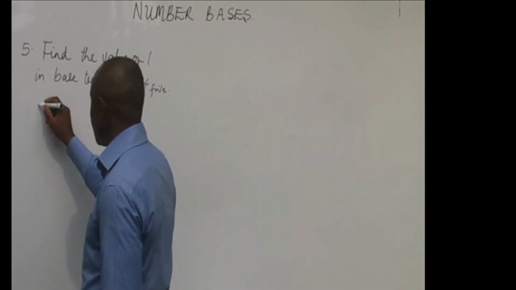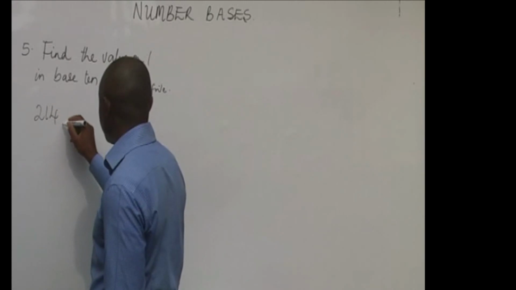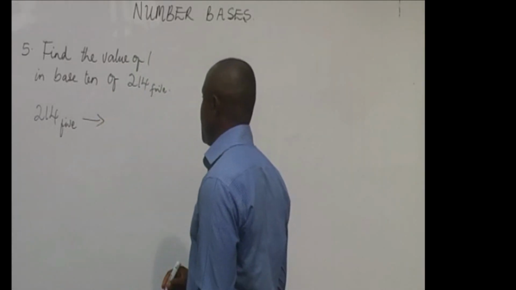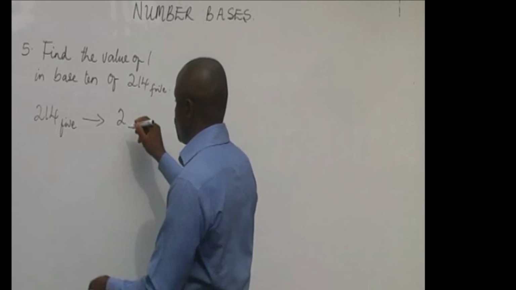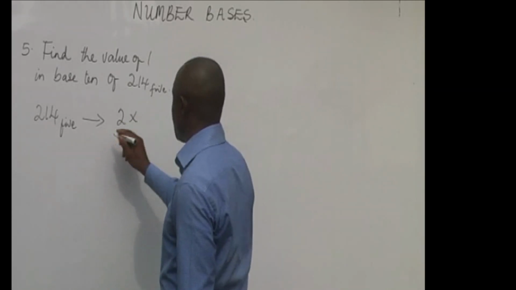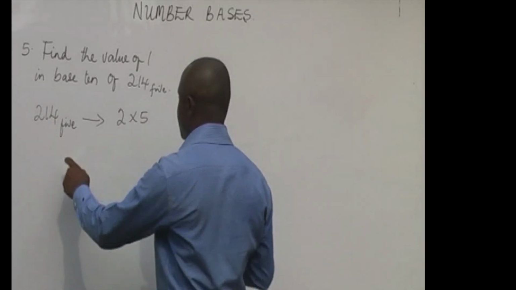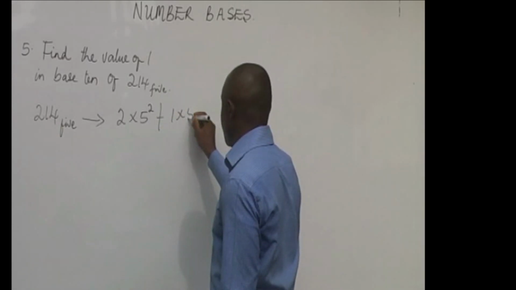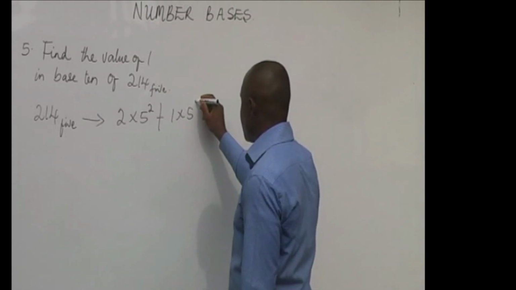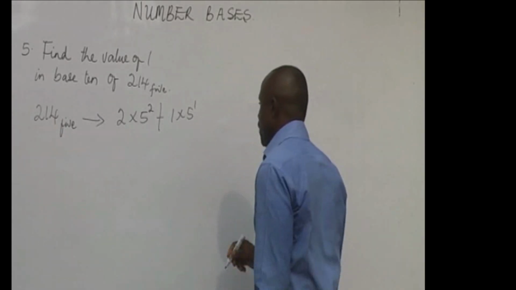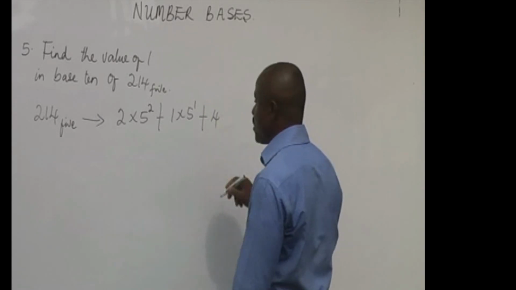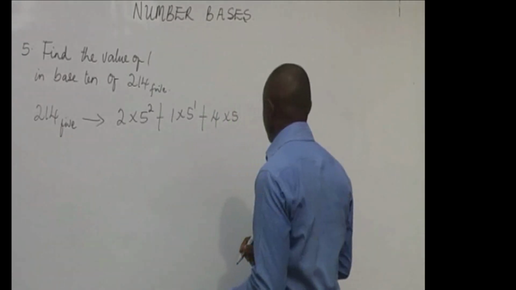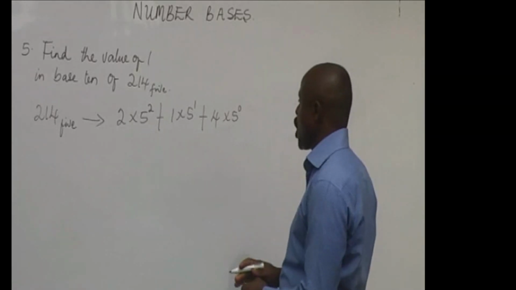So we're going to have that 214 base 5 is equal to 2, the first digit, times the base, which is 5, exponent the remaining 2 digits, plus the next digit, which is 1, times its base, which is 5, exponent the remaining digit, which is 1, plus the last digit, which is 4, times its base, exponent if there's any other digit, but there's none, so it will be exponent none. None means 0.